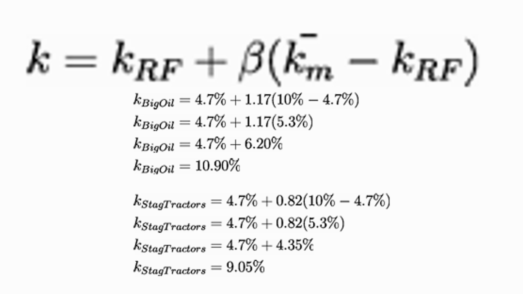Oftentimes, people refer to the portion in parentheses as the market risk premium, as it reflects the additional compensation beyond the risk-free rate that investors need to compensate them for the risk of owning stocks. The idea is that we know stocks are risky investments and investors do not like risk. Therefore, investors need additional compensation beyond a risk-free rate to make it worthwhile to own stocks. However, different stocks have different levels of market risk measured by beta.